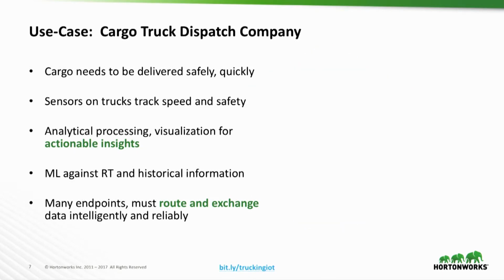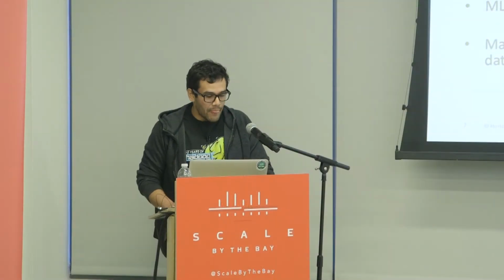We're going to follow a single use case throughout this reference application, and we're going to build the pipeline with this one specific use case in mind. So consider a vehicle dispatch company that delivers cargo from one place to another, and the trucks have sensors installed on them that feed back to some environment.